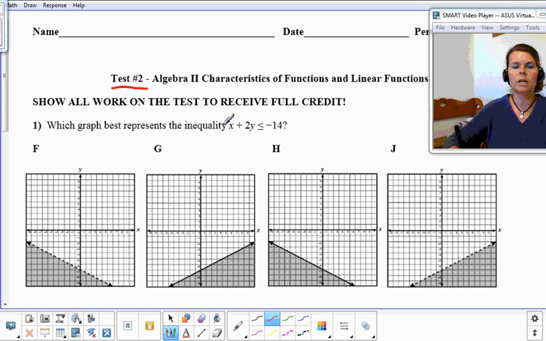So in your interactive notebook for number 1, you should have had the steps for graphing an inequality. And step 1 said solve for y, which means get y by itself. So if we're going to get this y by itself, you should have shown me this on your test. Minus x. You can just write it right over here, over the question mark, minus x. And then divide everything by 2.